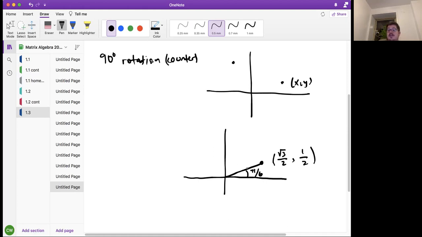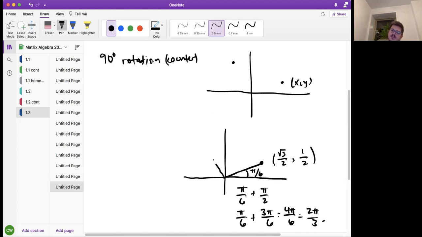Now, let's rotate this 90 degrees. Where does it go? Pi over 6 plus pi over 2. What is that? Correct, it is negative y, x.